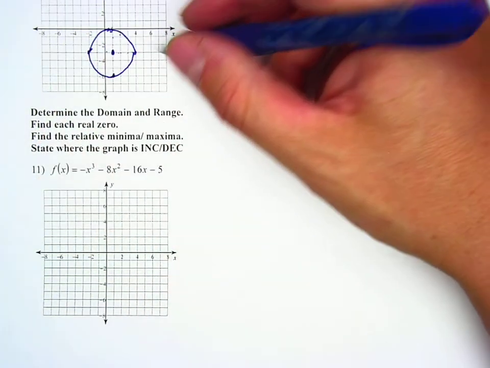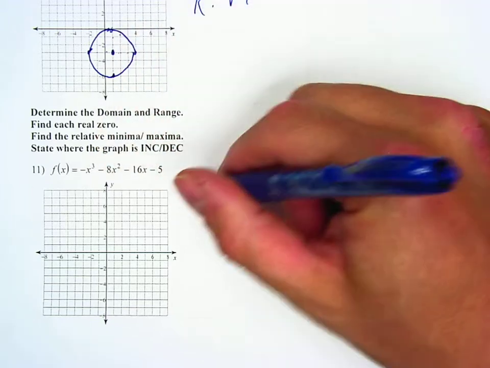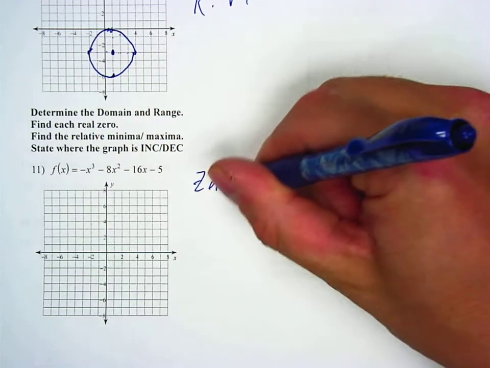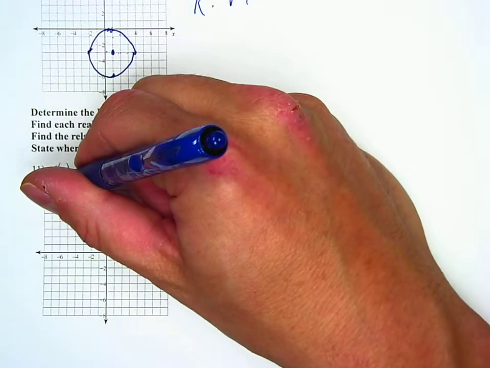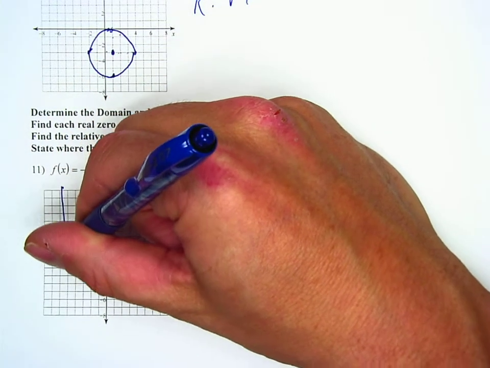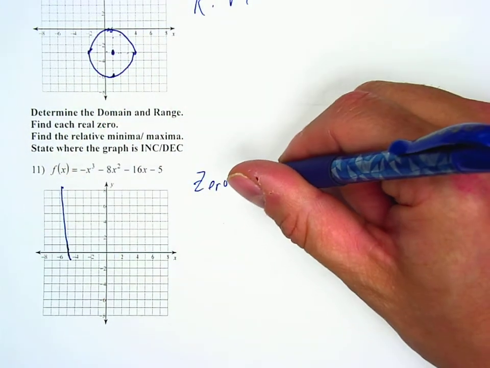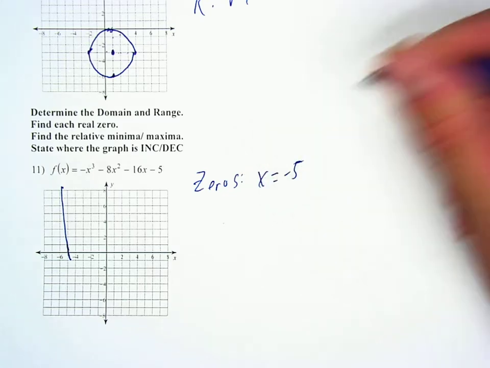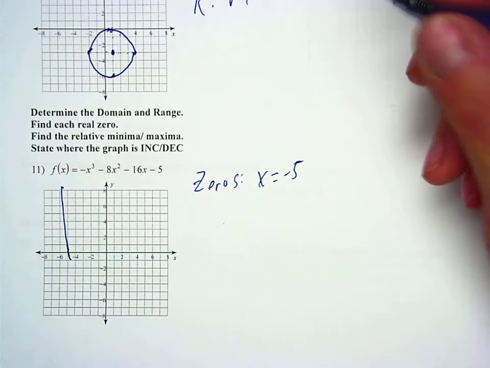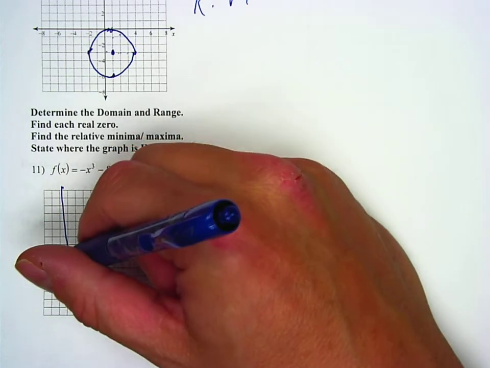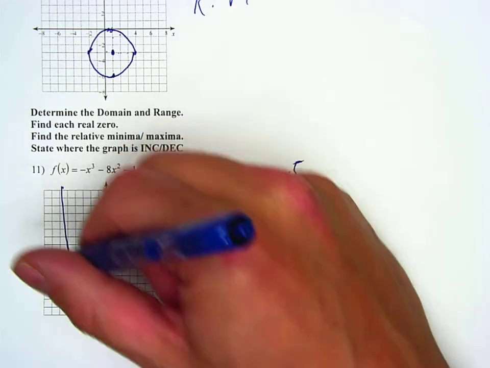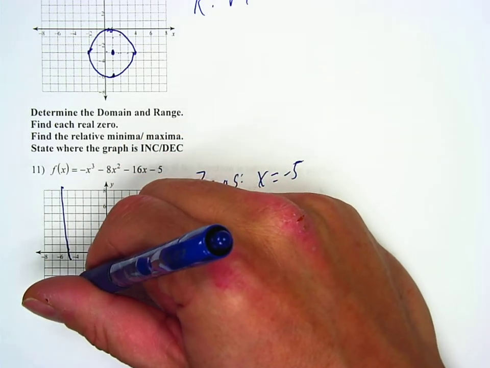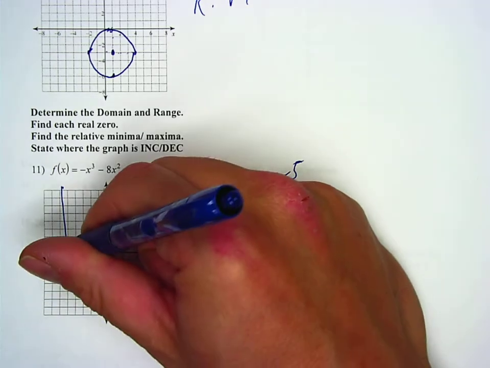So what we're looking for here, each real 0, let's start off with the zeros. The zeros are going to be where it crosses the x-axis. So this particular graph comes down and it crosses the axis at right around negative 5. That's its first 0. And it has the bottom of its trough at right around negative 4, negative 5.